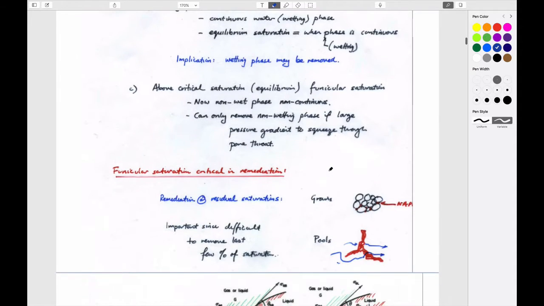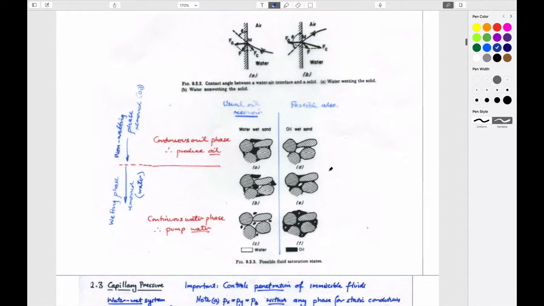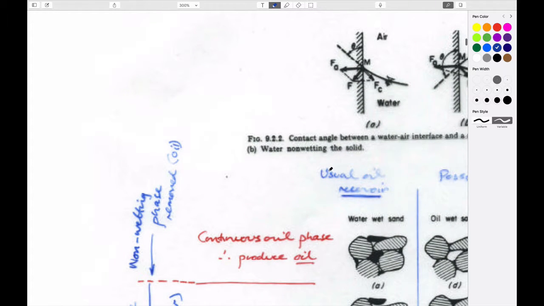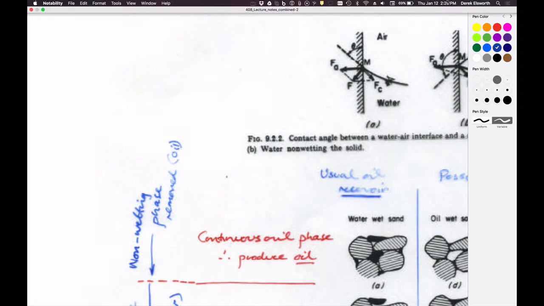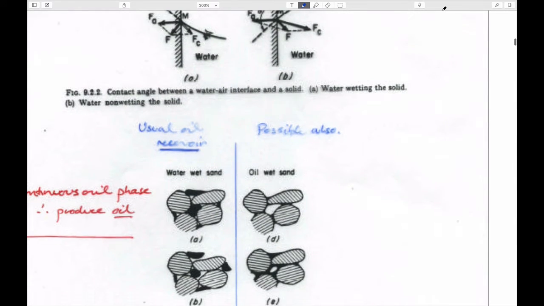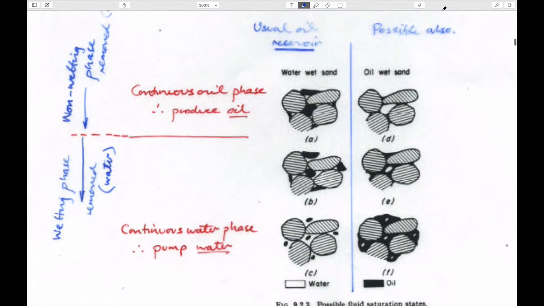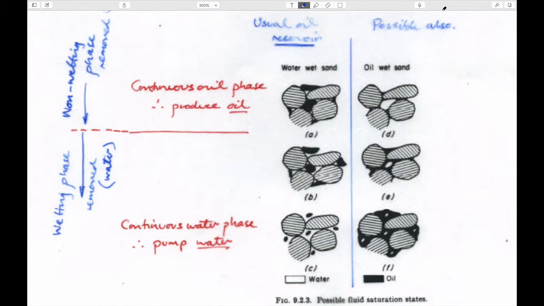So these are just figures that define this behavior. We could, for instance, look at the behavior of a real porous medium and look at it in terms of these two constraints.